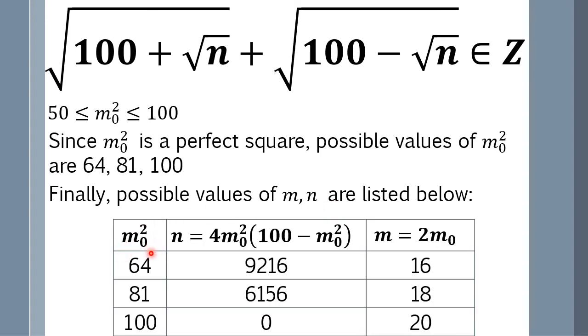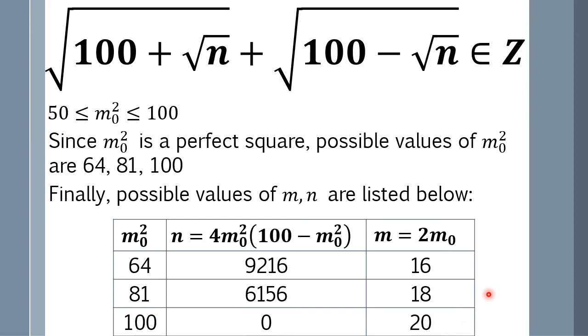When m0 squared is equal to 64, n is equal to 9216, and m is equal to 16. When m0 squared equals 81, then n equals 6156, and m equals 18. When m0 squared equals 100, n equals 0, and m equals 20.